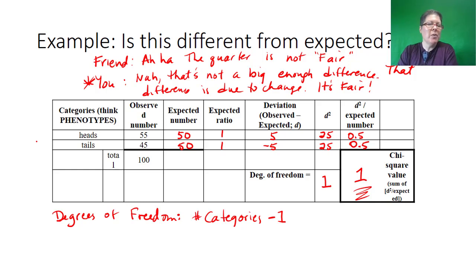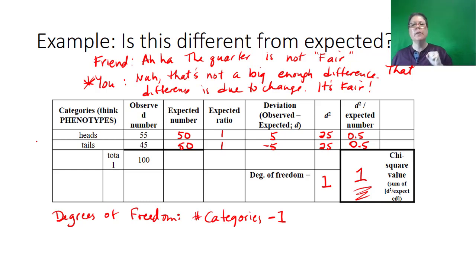So we couldn't come up with an expected number or an expected ratio from the quarter is not fair. But we can come up with an expected number or an expected ratio from that is just difference due to chance, because we would expect a quarter flipped 100 times to be heads about 50% of the time, tails about 50% of the time.